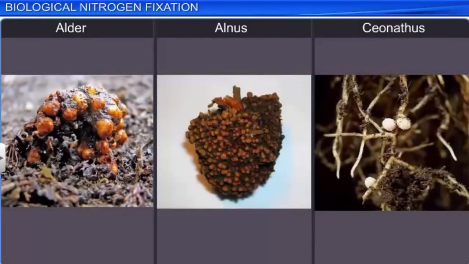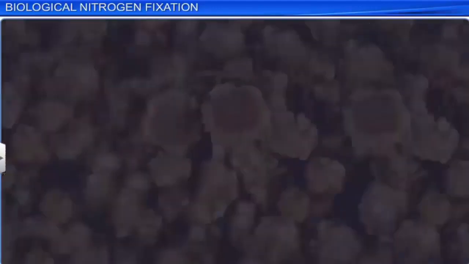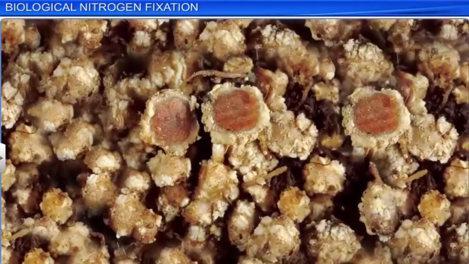Non-leguminous plants such as alder, alnus, and ceanothus also associate with Frankia in the nodules of their roots for nitrogen fixation. These nodules in cross-section appear red or pink due to the presence of an iron-containing protein called leghemoglobin.